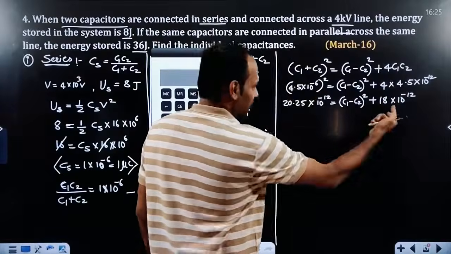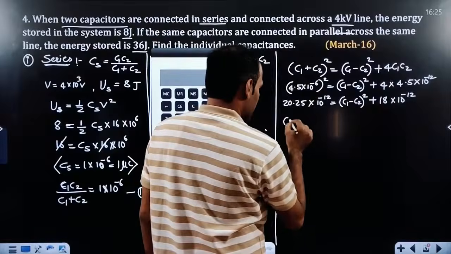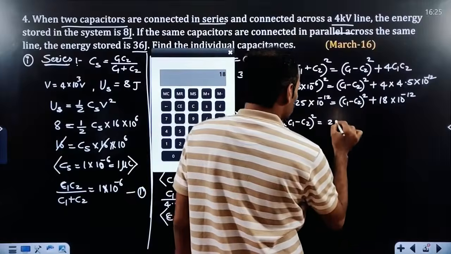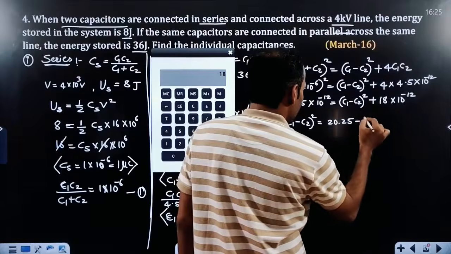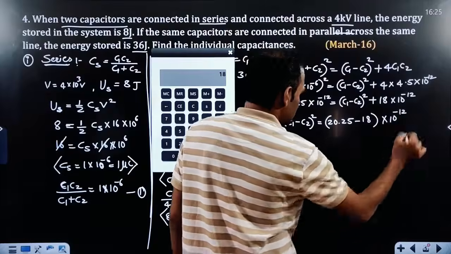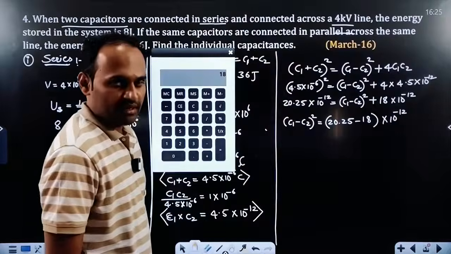Shift that to this side, or you can write it like this: C1 minus C2 whole square is equal to 20.25 minus 18 into 10 to the power minus 12. This much I will get, correct?